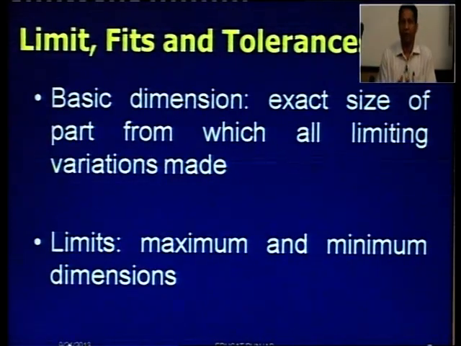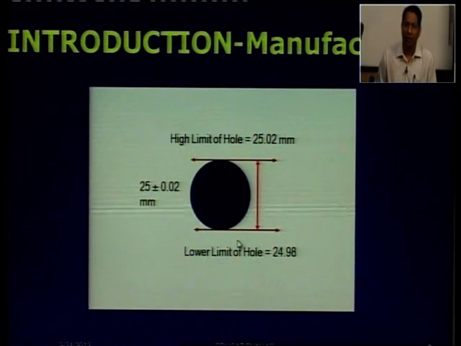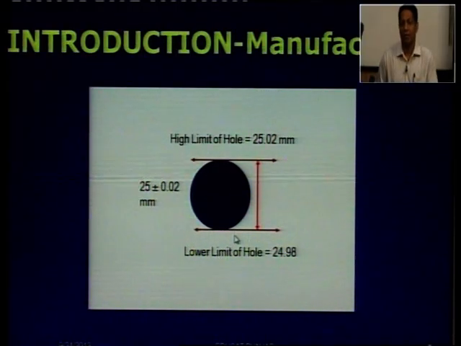Before coming to these limit gauges in depth, I want to tell you about limits, fits and tolerance. As I discussed already, what is limit, fit and tolerance? This is the lower limit and this is the upper limit. Why did we define them?